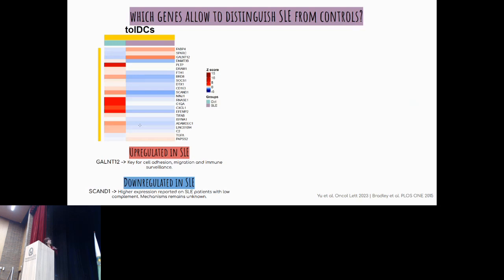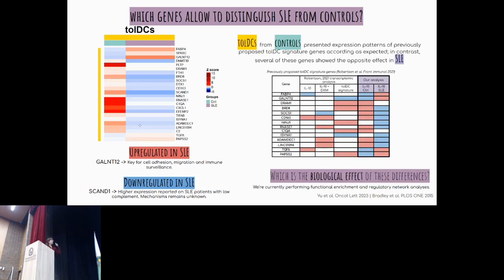So in this heat map, we can observe that the majority of genes differentially expressed between lupus and controls are downregulated. So to explore what these genes were contributing to lupus, we looked for a previously proposed tolDC signature of genes that was observed through a transcriptomic analysis of different protocols to produce tolDCs.